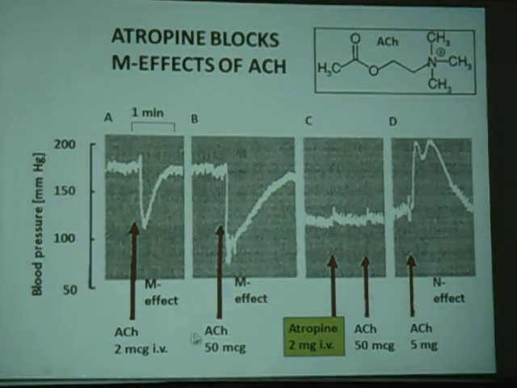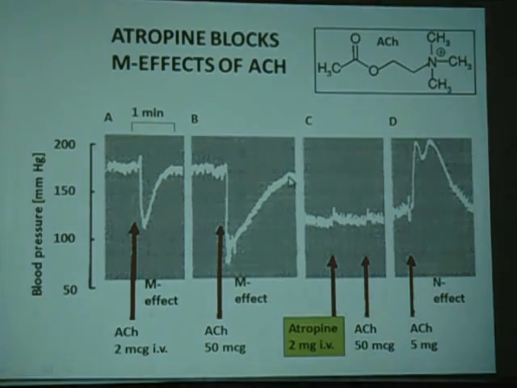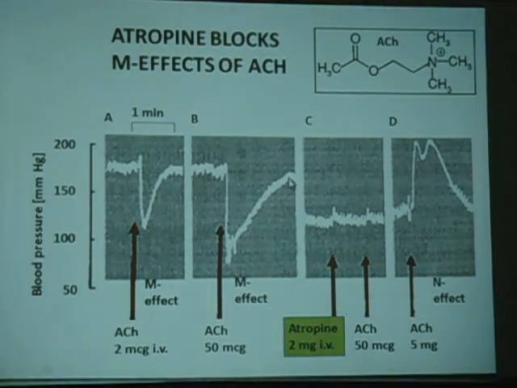Here you can see after we are increasing the dose by around 100 times, so 50 micrograms, what is happening? Again the blood pressure is falling till the acetylcholine is metabolized, and again it regains its blood pressure. Okay, so this is at low dose and moderate dose.